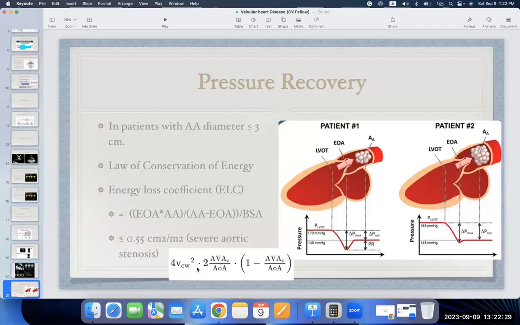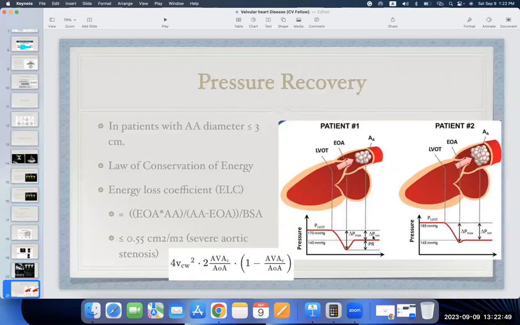That is one way, and that will estimate the pressure recovery. Once you estimate the pressure recovery, you can subtract that from the total pressure gradient, and then you get the net pressure gradient.